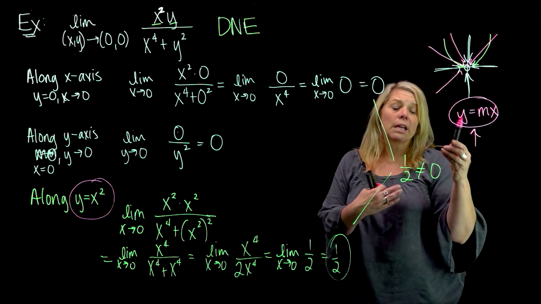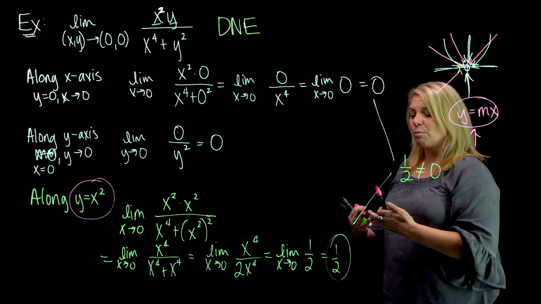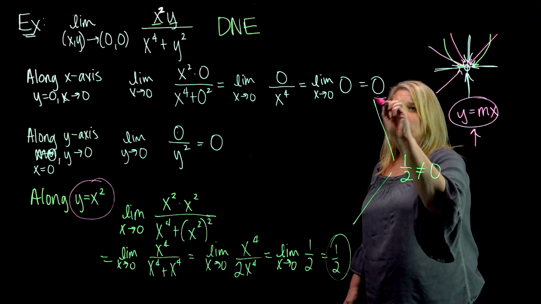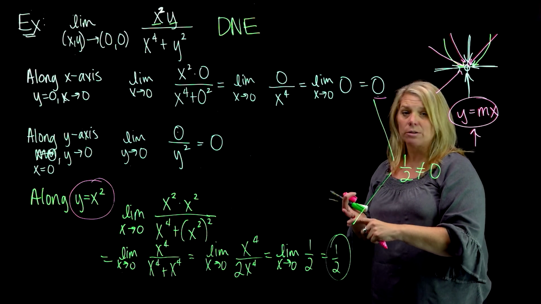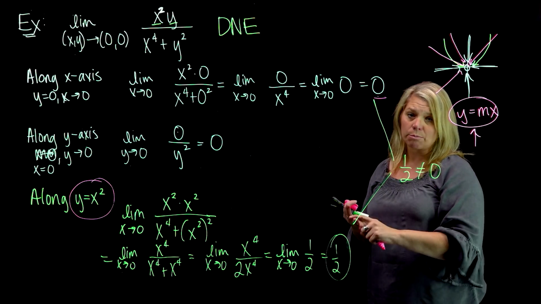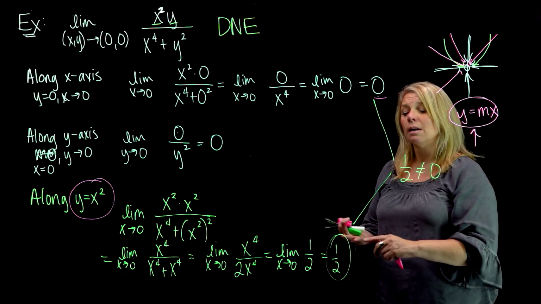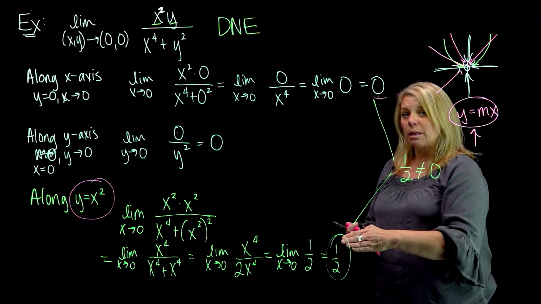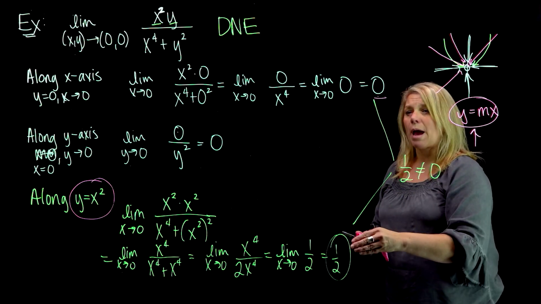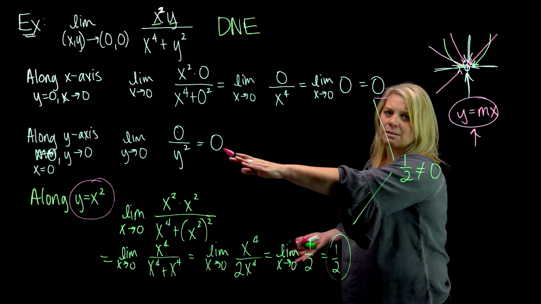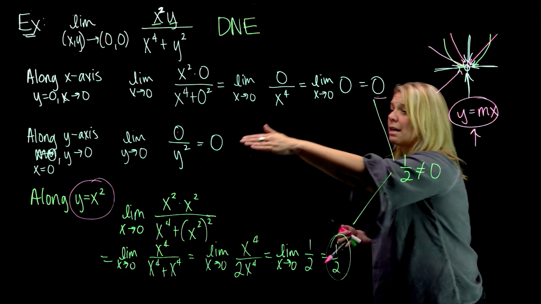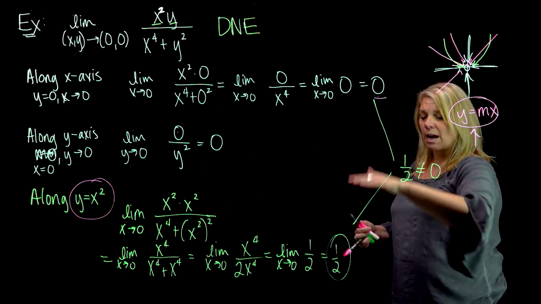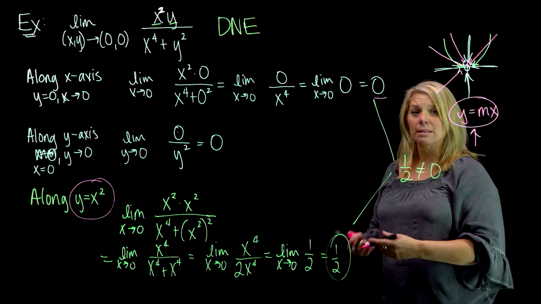I encourage you to read that discussion, but as you do your practice problems, remember that you either need to choose all paths, which we've sometimes done using algebra simplifications or polar coordinate simplifications, or if you're trying to show a limit does not exist, you really just need two paths, right? So I don't really need this one here. I just did that as some extra work to emphasize that that's not enough. You just need to find at least two paths along which you get different limits.